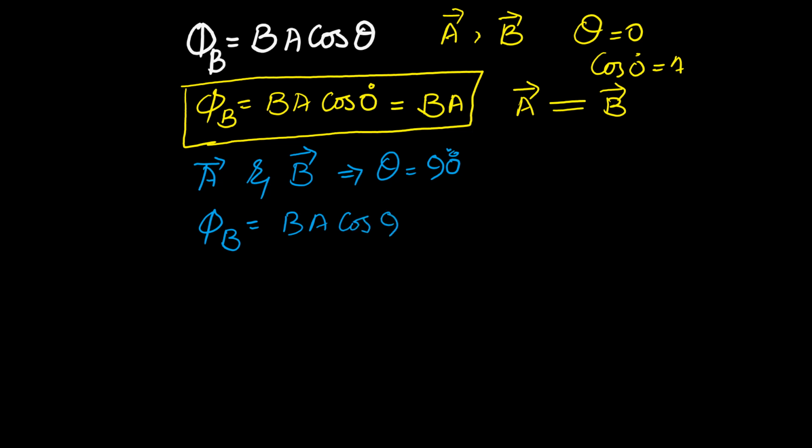The angle is 90, so we write BA into cos of 90, and you know that cos of 90 is equal to 0. So the magnetic flux in this case will be equal to 0.